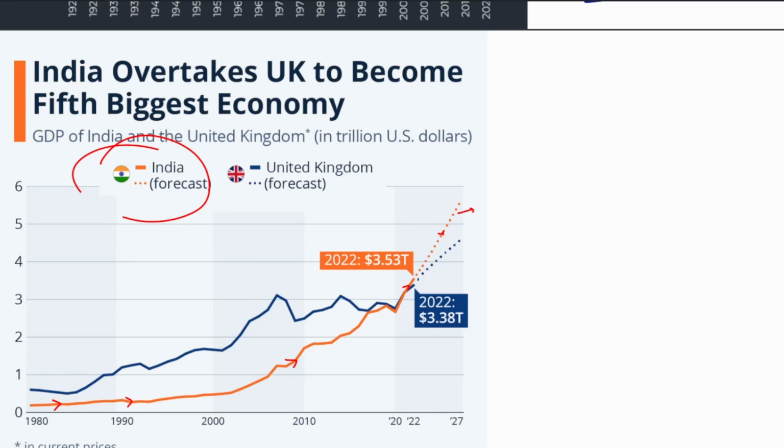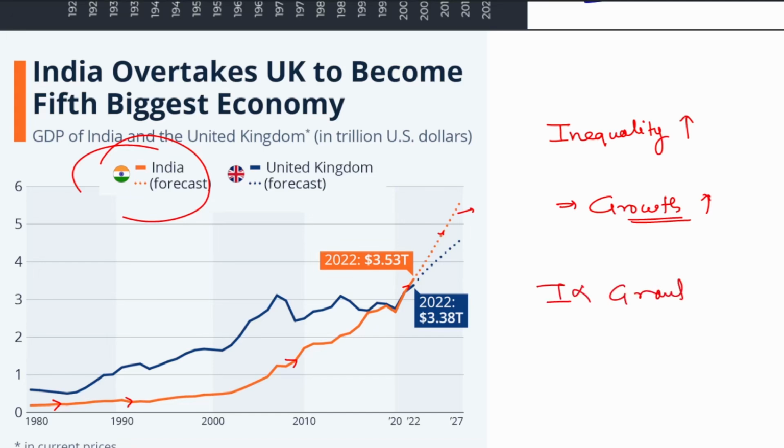So what we see here is that despite inequality rising, the growth is also rising. So what does the present trend say? That inequality is proportional to growth. This can be seen directly in our graphs: inequality is rising, but growth is also rising.